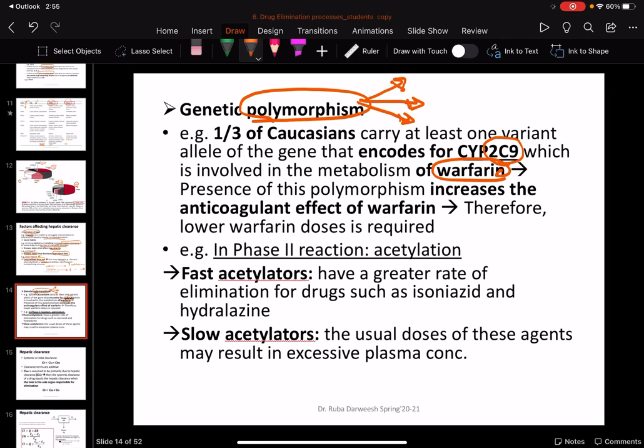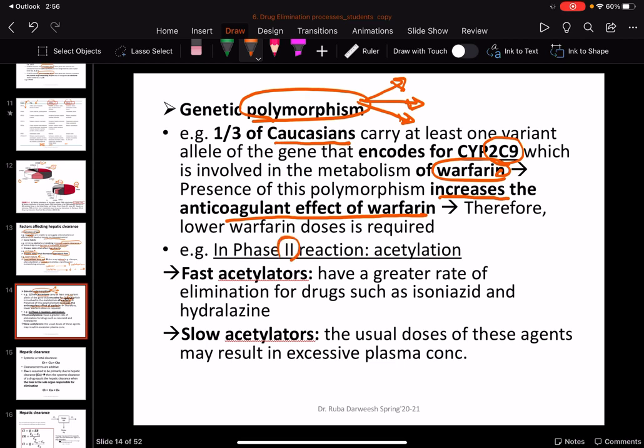That's why a large number of Caucasians would have increased anticoagulant effect of warfarin, so the dose should be corrected for that. Again, this is caused by polymorphism, because the 2C9 genes that encode the enzymes that metabolize the drug are different.